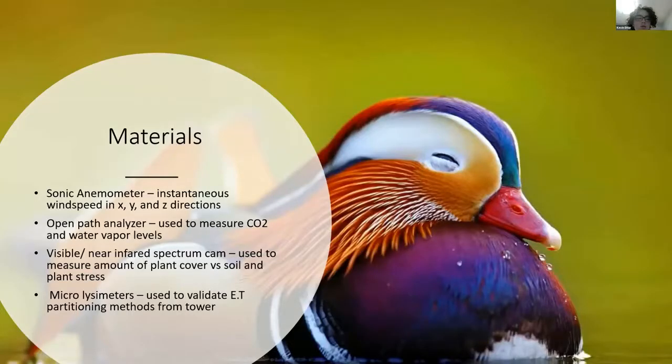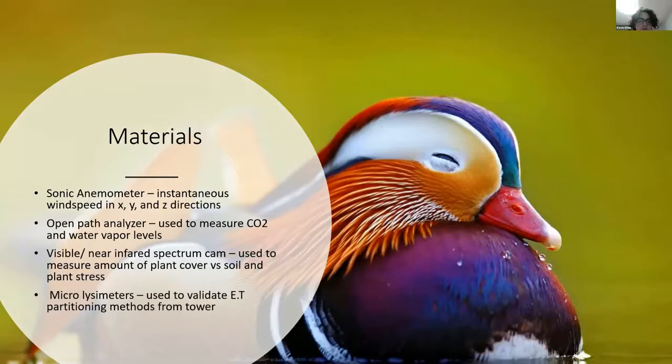And we're using a lot of equipment to measure these, one of which is a sonic anemometer, which measures the instantaneous wind speed, but also partitions it into all the X, Y, and Z directions. And we have the open path analyzer, which is used to measure the CO2 and water vapor levels.